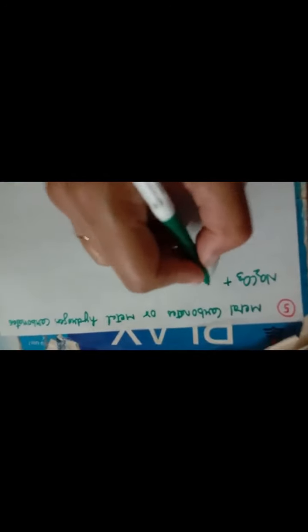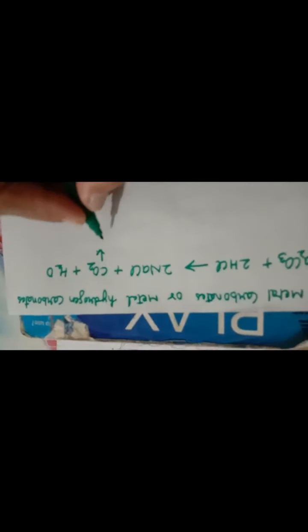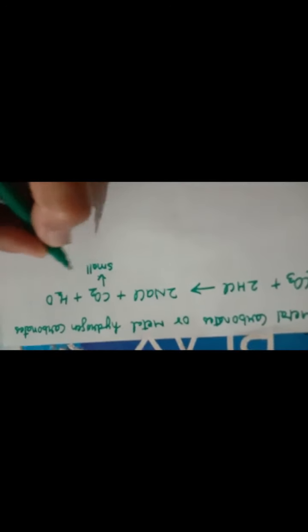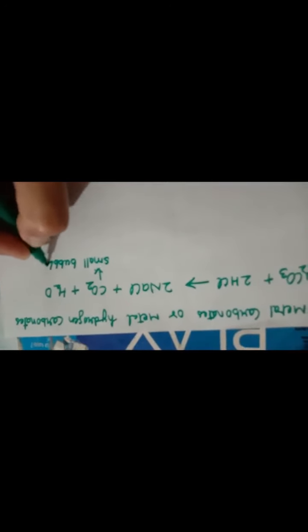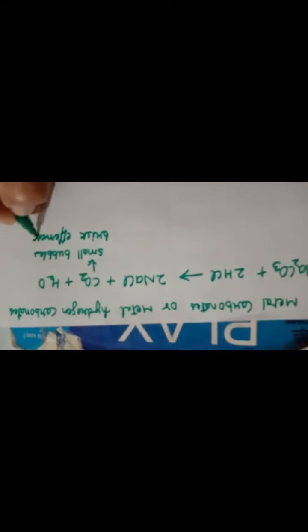For example, first the metal carbonate Na2CO3, sodium carbonate, reacts with hydrochloric acid to form sodium chloride, carbon dioxide gas plus water, and this carbon dioxide gas is produced in the form of small bubbles. That is known as brisk effervescence.